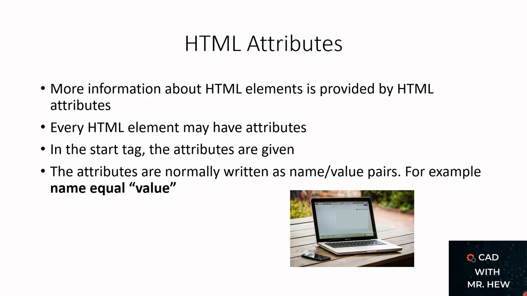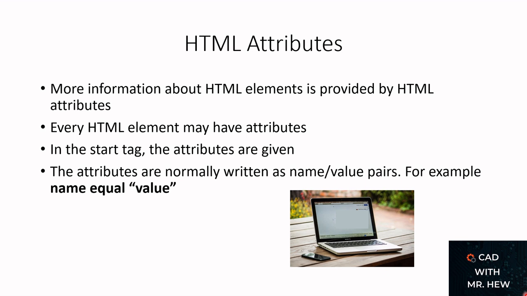Every HTML element may have attributes. In the start tag, the attributes are given. The attributes are normally written as name value pairs. For example, the name will be equal to the value.